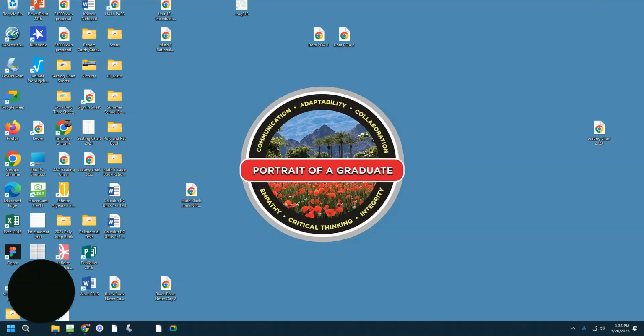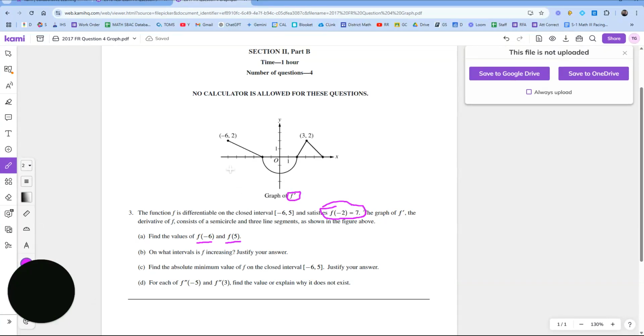So let's see if I can go back to this graph. So from -2 to -6, here is -2 to -6. So you can see what shape that is. That's a triangle. So what am I looking for in this triangle? Is it above or below the axes? It's above, so we're going to do that positive area. And what's the area of a triangle? So it's half the base times the height.